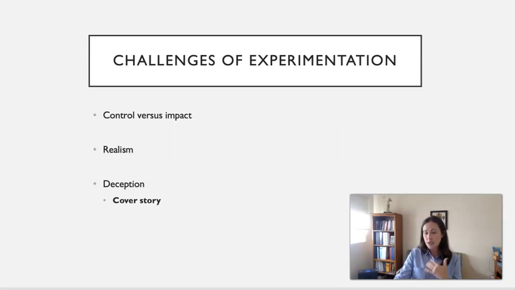So in an experiment, you really want to have both the mundane realism as well as the experimental realism. That's when you're going to get the most realistic results, the ones that can actually be applied to the real world. But it can be tricky.